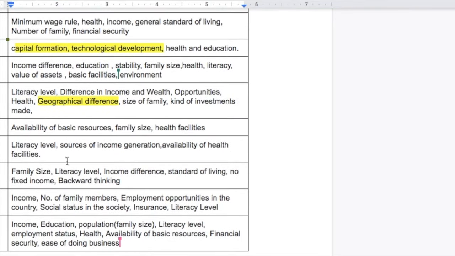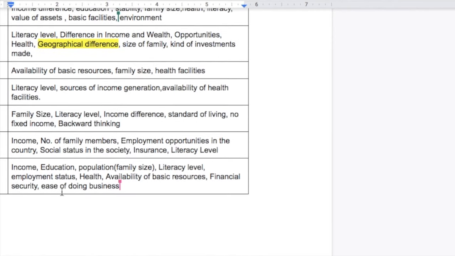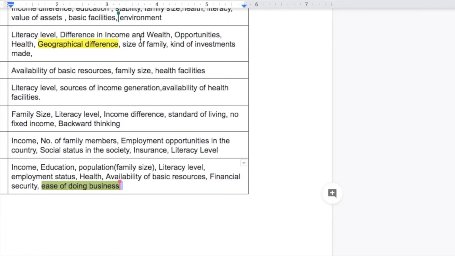Okay, capital formation, technological development definitely plays a huge role in explaining the differences. Then, ease of doing business, yes, that's again a very important point, which comes under the topic of institutions.